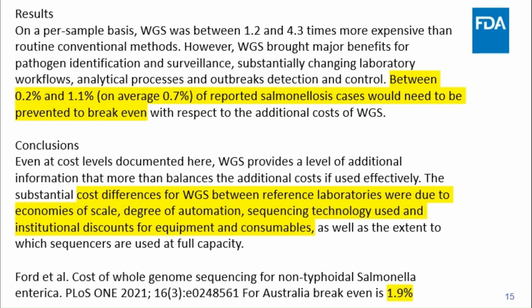And just to show you the Ford et al. on the bottom, the Australians did this calculation, and they are a little bit more. It's like 2%. So somewhere between 1 and 2% reduction in illness would essentially break even, and any additional averted illness would be a bonus.